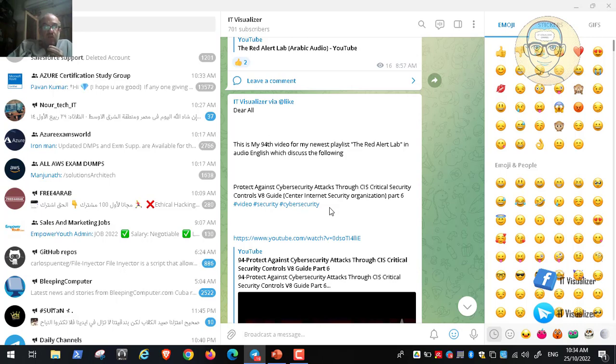The first step is to have an inventory of your enterprise assets, which includes, but is not limited to, your servers, your workstations, your phones. The second is to have an inventory of your software and operating systems, such as Windows 10, Windows 11, Linux, Android, and iOS.